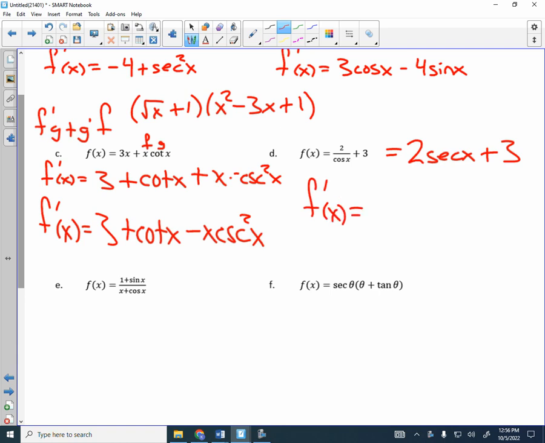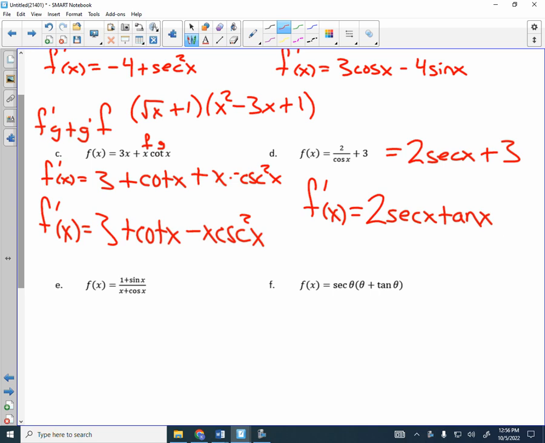What's the derivative of 2 secant? Yeah, 2 secant of x times tangent of x. And what's the derivative of 3? It is 0. No need to use the quotient rule. Just write it like that. So 2 divided by cosine is the same as 2 secant.